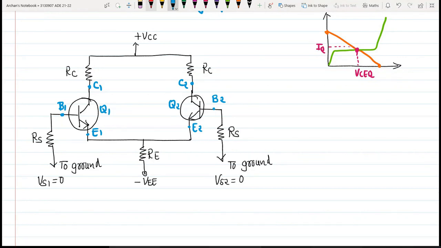Now what will happen? See, when positive VCC supply has been provided, there will be a flow of current IC in this particular direction. Then there will be a flow of current IB, which is base current, in this particular direction. Collector current and base current are flowing, then emitter current will flow in this particular direction.